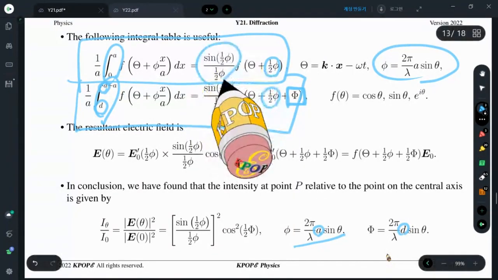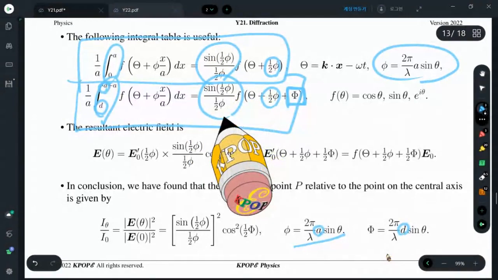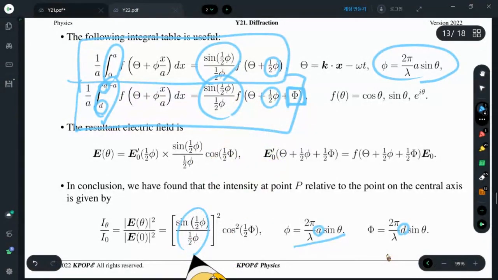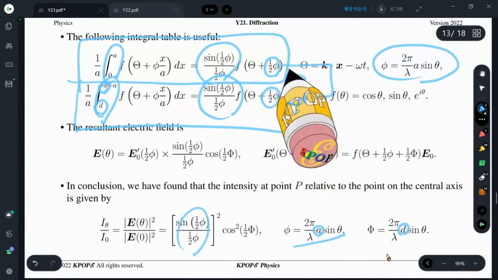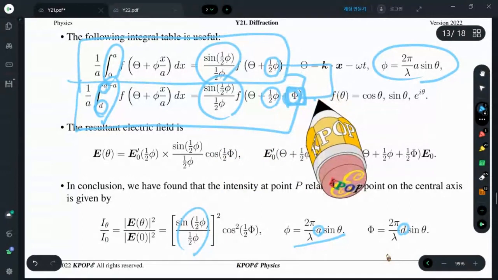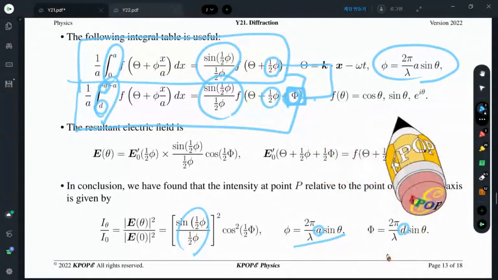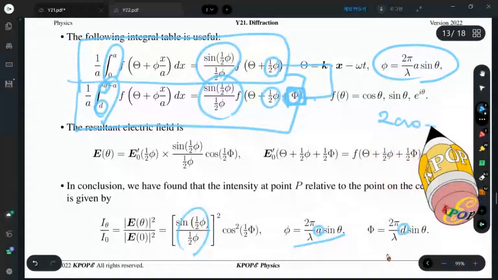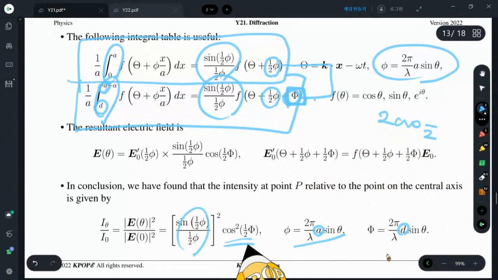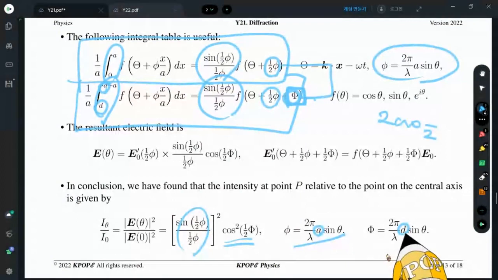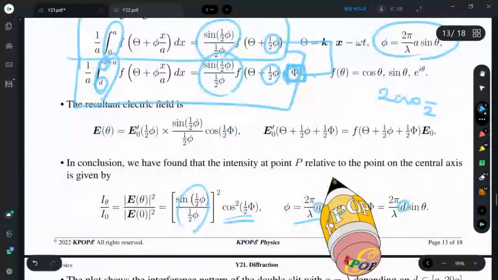Again, we have the very same factor. In addition, the sum of these two will always give the factor 2 cosine of half the phase difference. And we know small d is much greater than a. That is quite important.